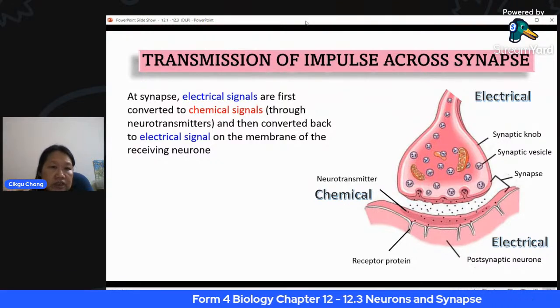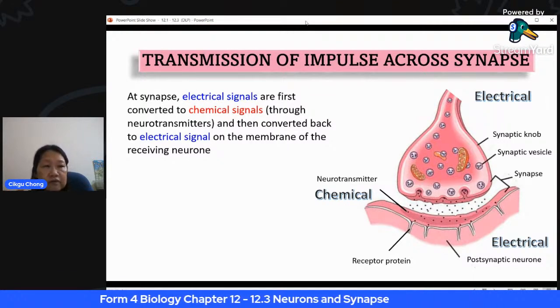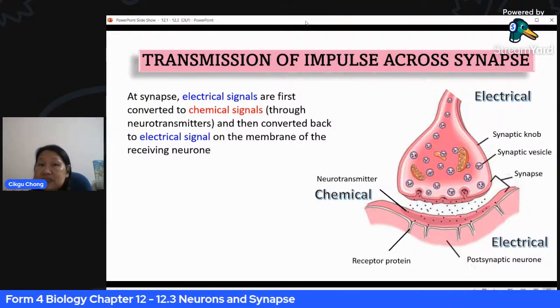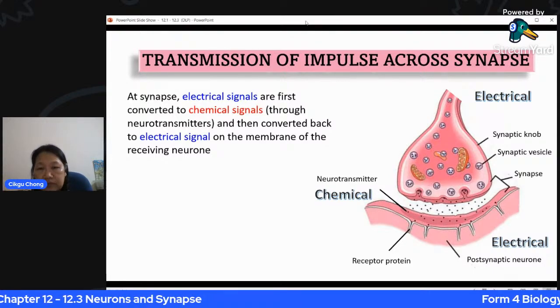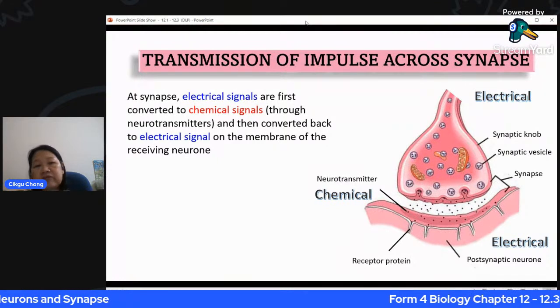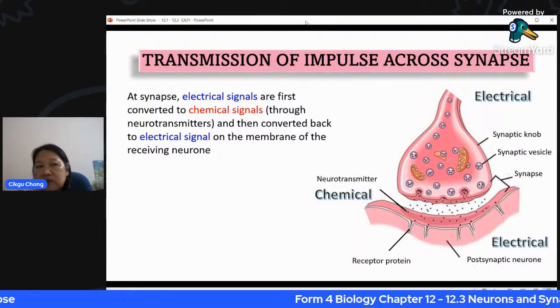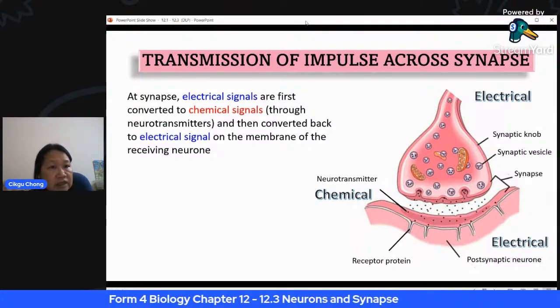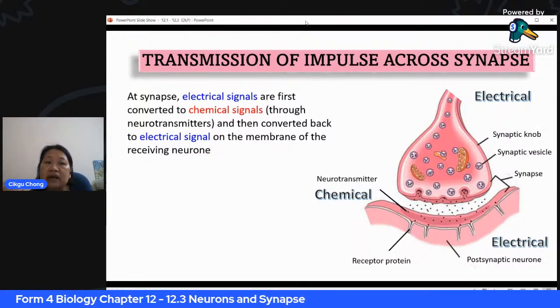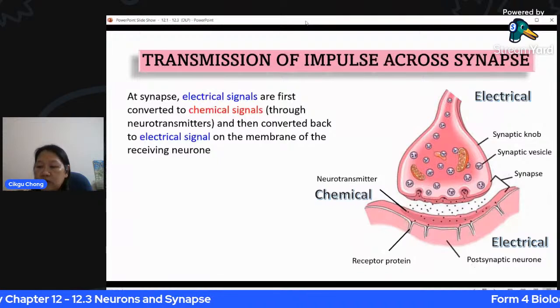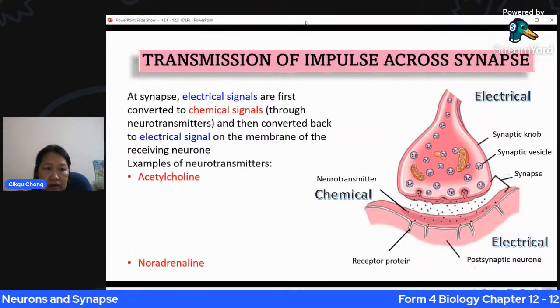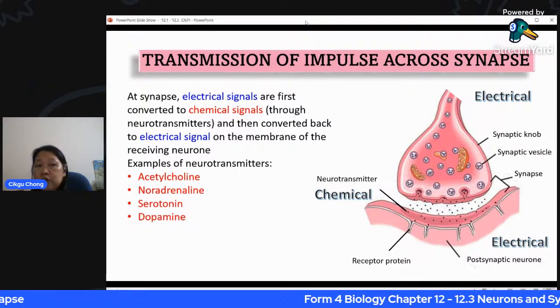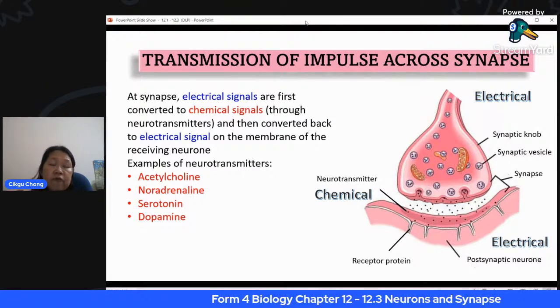Then it will be converted into chemical through the use of neurotransmitters, which are actually chemical molecules. And then when it's received by the receptor protein, the electrical impulse will be initiated, started again. So you see electrical signals, chemical and electrical. You have to remember this point. And examples of neurotransmitters: you need to remember 4 examples.